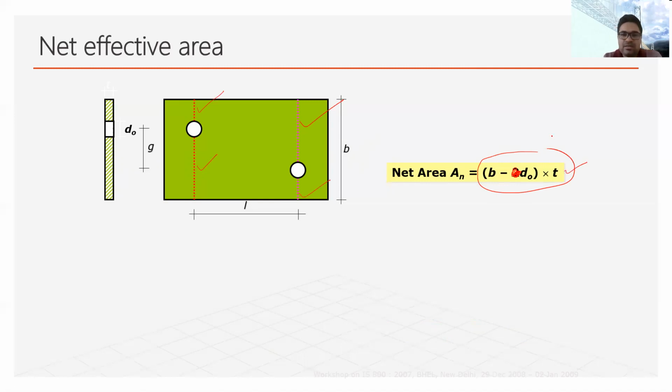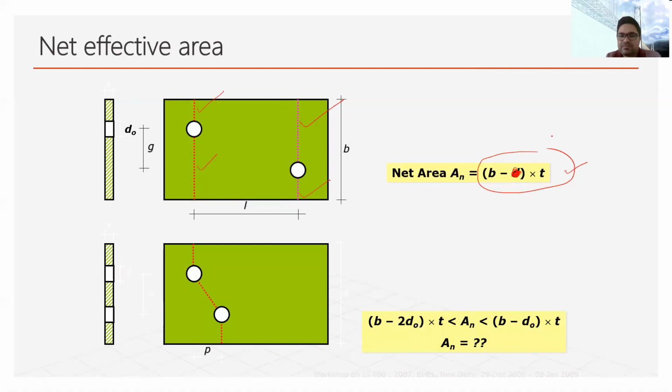But there may be another possibility also, like this. If there are holes which are close as compared to this case, then the center to center distance between the holes will be P, which is the pitch.